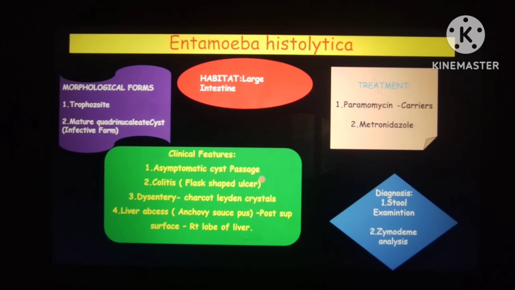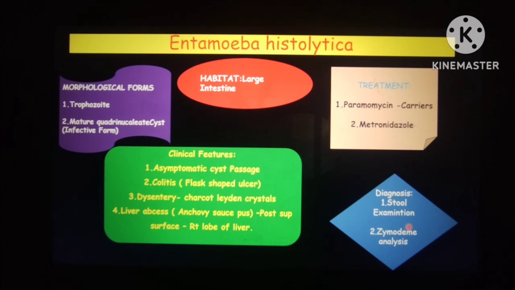On examination, you can look for charcoal laden crystals. Charcoal laden crystals are not present only in Entamoeba; there are many parasites. I will give some parasitology mnemonics and a parasitology test in the description, so kindly go through those.